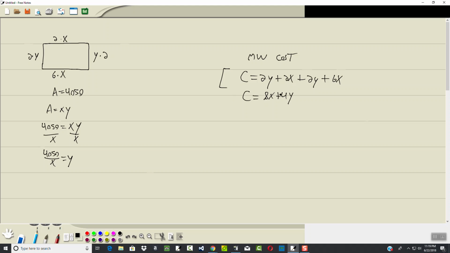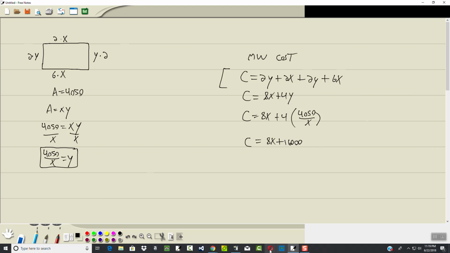But we can't have two variables on the right hand side, so we need one. But we already said over here that y is equal to this. So I can replace the y with 4,050 over x. So we got 8x plus... Is that right?